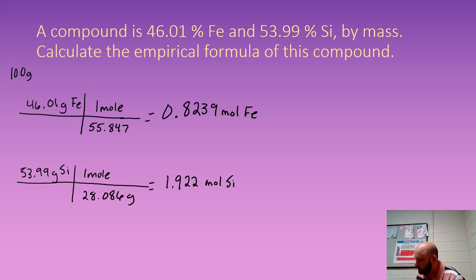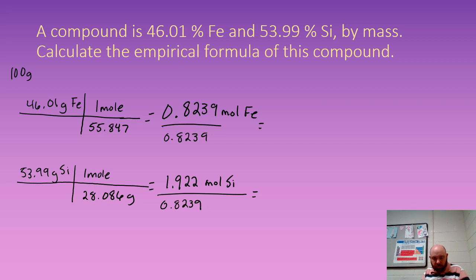Then I will pick the lowest amount of moles and divide both. So this will be 1, and then 1.99922 divided by 0.8239 gives me a result of about 2.333.